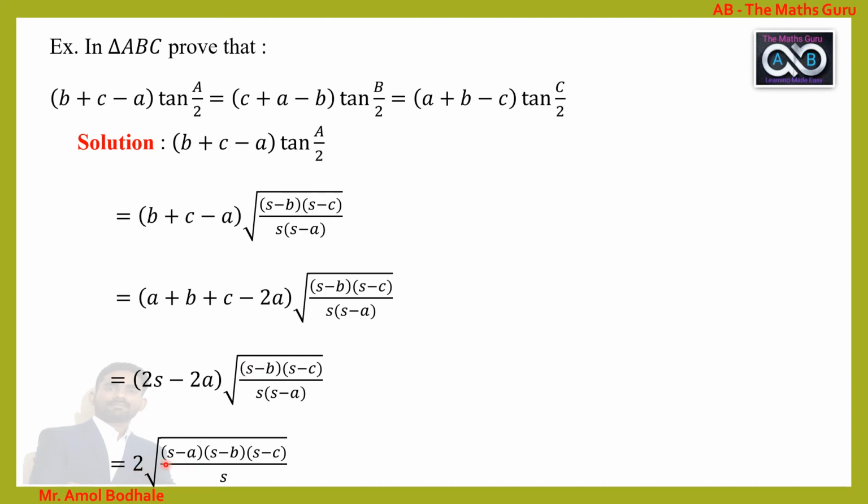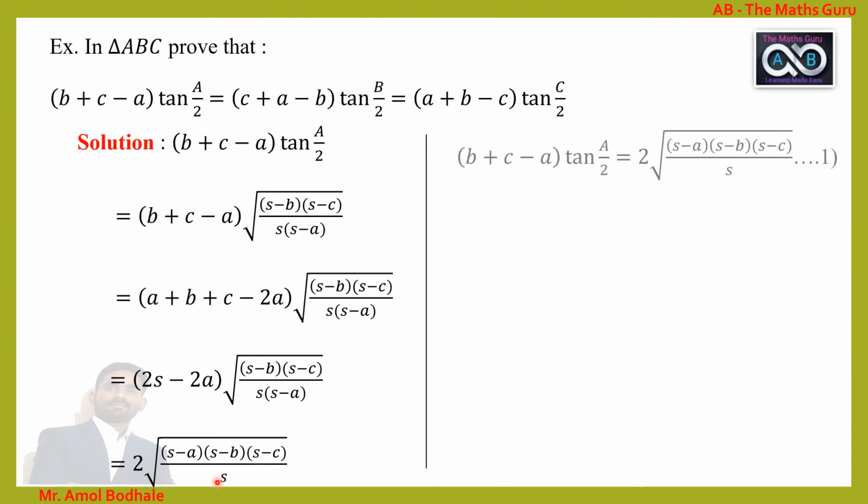We will get 2 into the square root of (s − a)(s − b)(s − c) upon s. So therefore, here we get the first term (b + c − a) tan(A/2) equal to 2 times the square root of (s − a)(s − b)(s − c) upon s.